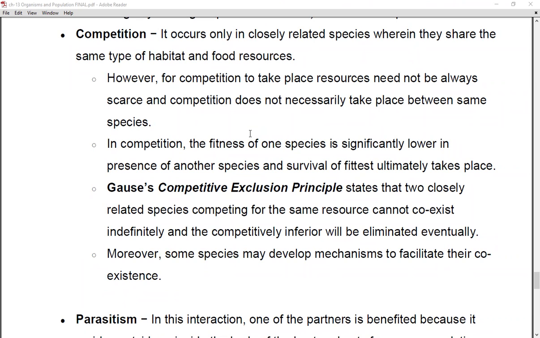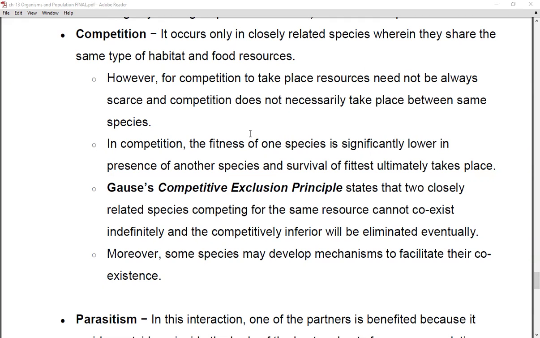However, for competition to take place, resources need to be scarce. Normally, for species which are the same in nature, the competition does not take place between them. But for the competition, the resources need to be scarce. That means if more resources are present, there will be no competition.